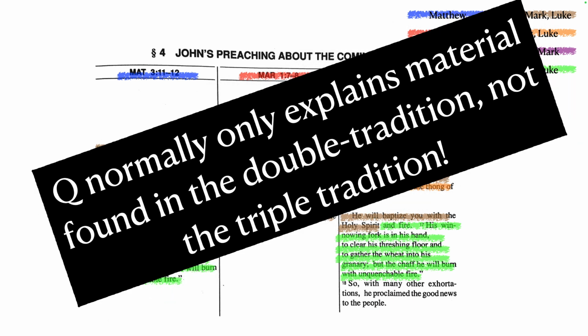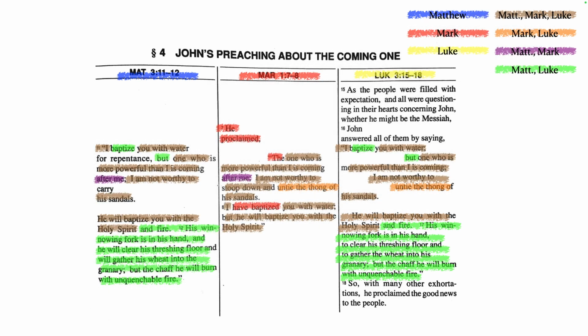Normally, Q only explains material in double tradition passages, not triple tradition passages. In this case, however, two-source theorists make an exception. They say that this is a place where there's overlap between Mark and Q, and Matthew and Luke are looking at both of them. So this leaves us with "for repentance" and "carry" as unique to Matthew.